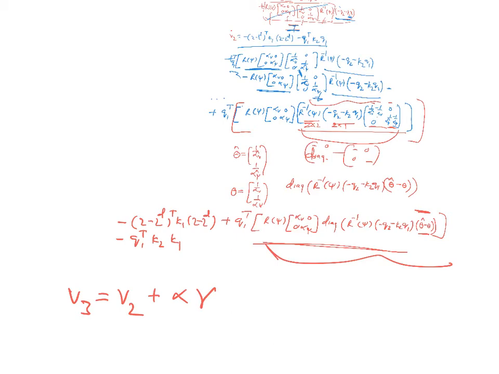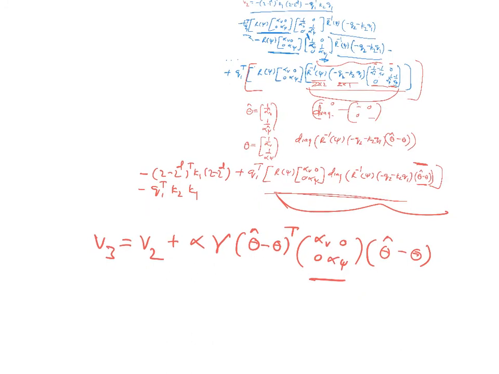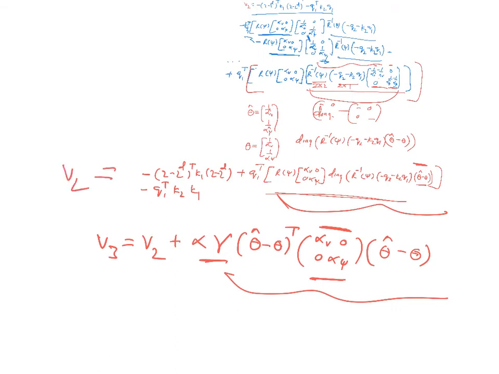Alpha, gamma, theta hat minus theta transpose and matrix alpha v 0 0 alpha psi, because I know this will cancel things out even if I keep it here, theta hat minus theta. So this is positive definite, right? These are two constants, but this is positive definite. So that's my V3 and this is my V2 dot.